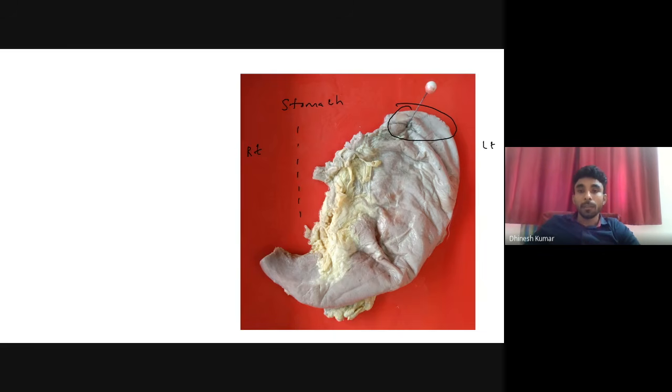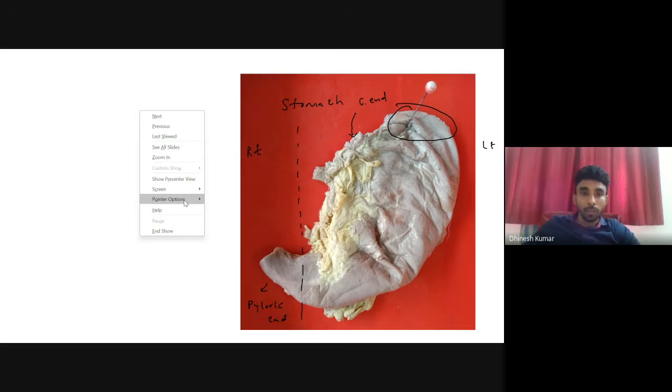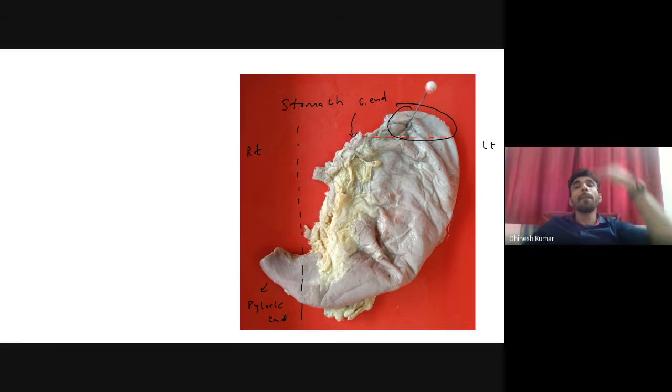This is the upper end of the stomach called the cardiac end or cardiac orifice. This is the lower end of the stomach called the pyloric orifice or pyloric end. Can you see in this diagram, the pinned area is located above the cardiac end of the stomach.